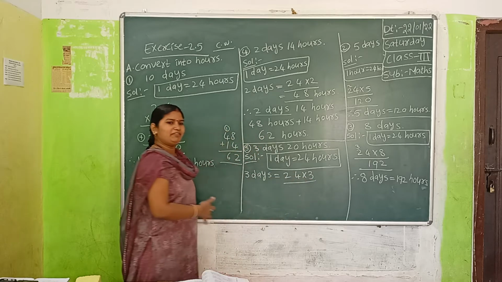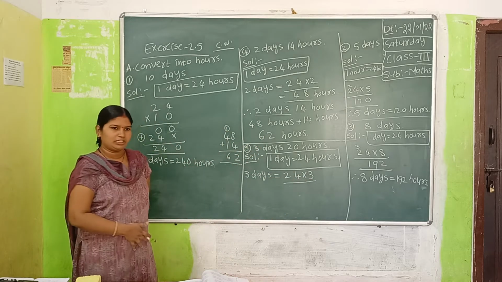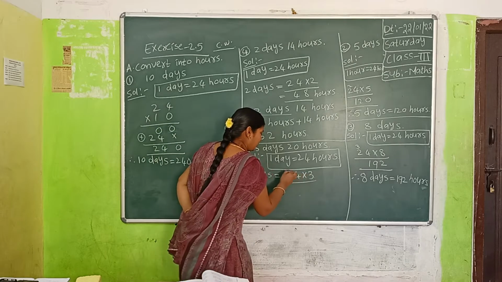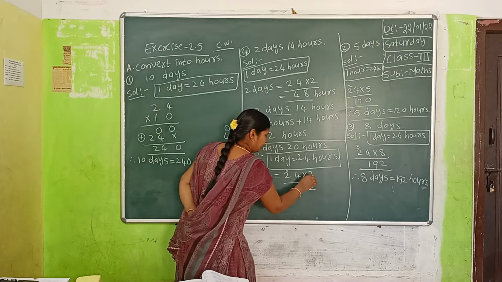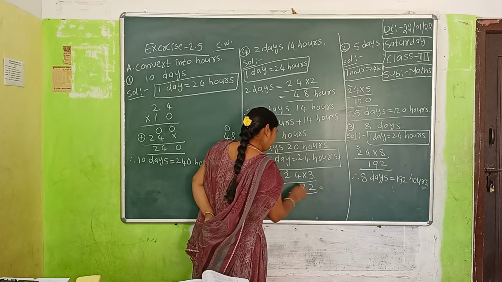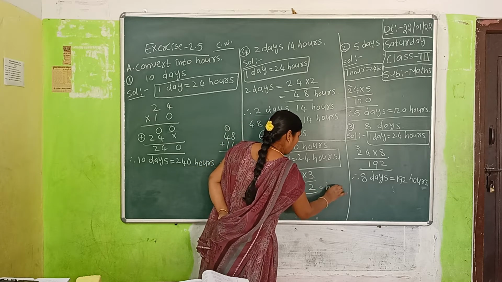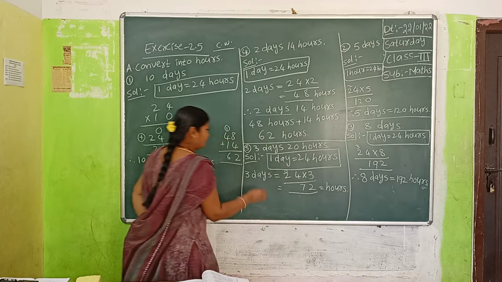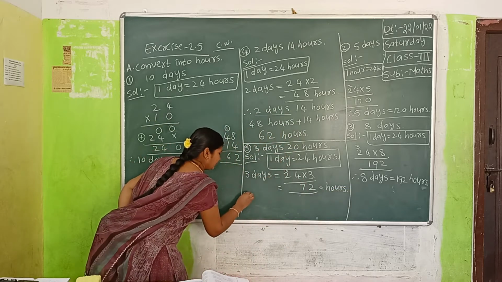Why are we multiplying with 24? Because 1 day equal to 24 hours. 4 3s are 12. 3 twos are 6 plus 1, 7. Total 3 days equal to 72 what? Hours.